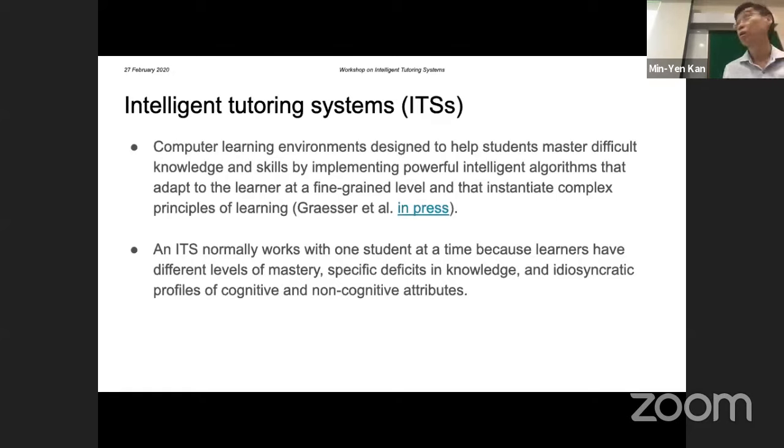So intelligent tutoring systems are computer learning environments to help students learn some knowledge and skills. They use AI, intelligent algorithms, to adapt to the learner, and usually ITS work at a very fine-grained level. Later, as you see some examples, they work at a very fine-grained level.